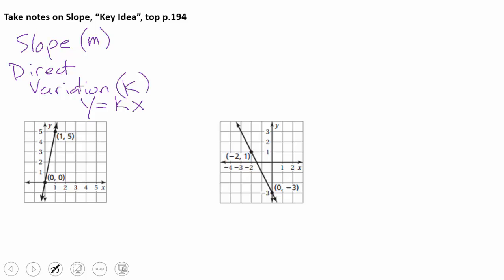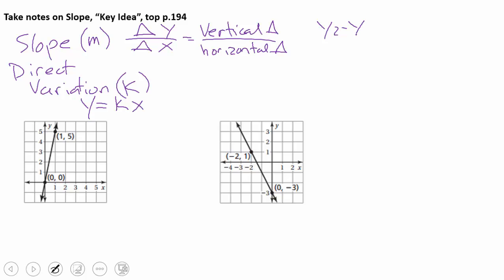So let's continue on. We know that slope is the change in y over the change in x. It's also the vertical change to the horizontal change. Using the formula, it's y2 minus y1 over x2 minus x1. We call that the rise over the run. We also call it the constant rate of change.